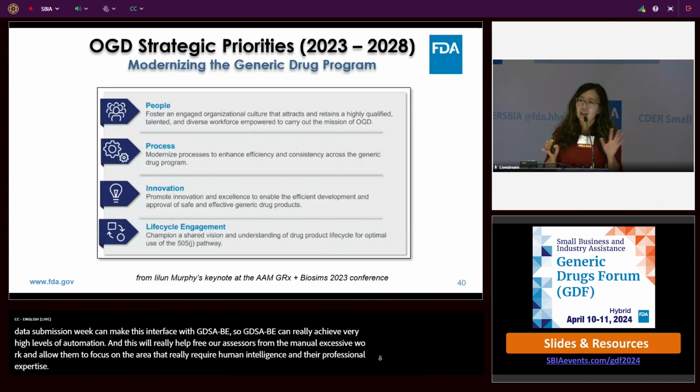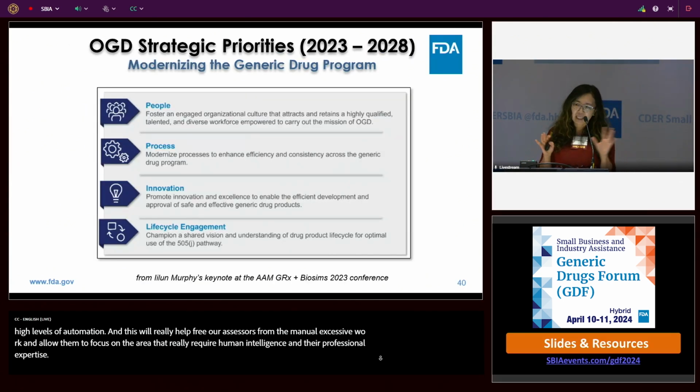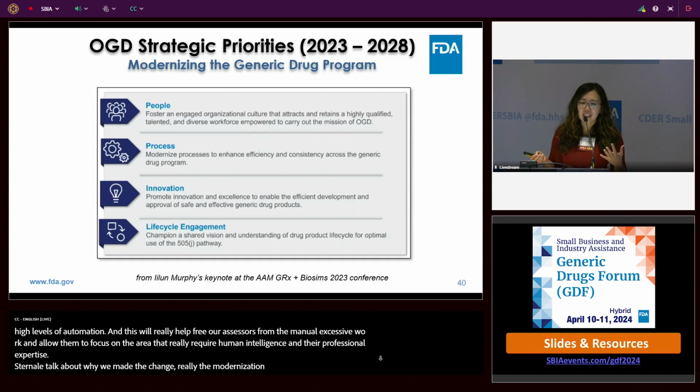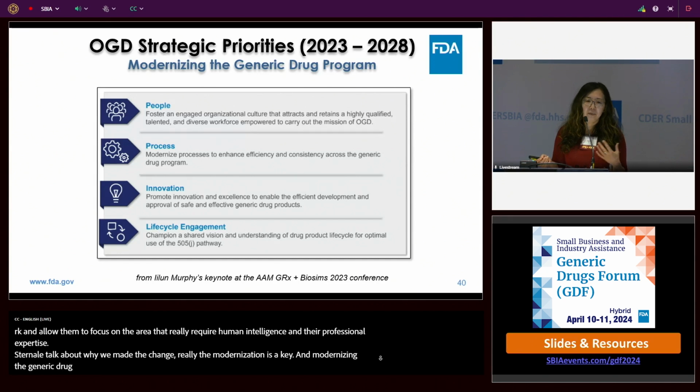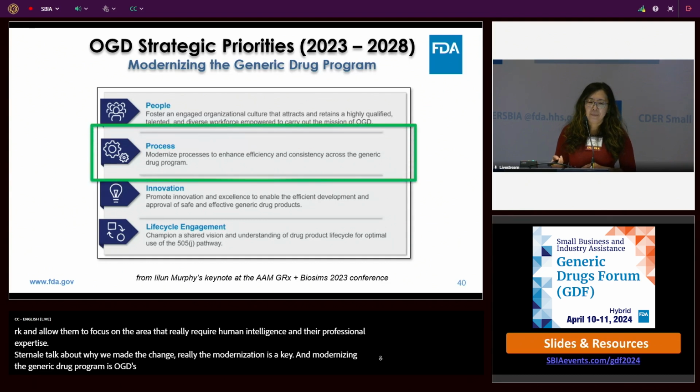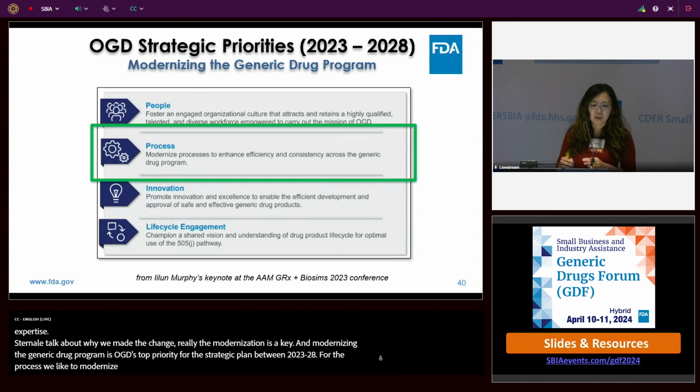So now we have talked about why we made the change. Really, modernization is key, right? Actually, modernizing the generic drug program is OGD's top priority for its five-year strategic plan between 2023 and 2028. For the process, we'd like to modernize to enhance efficiency and consistency across the entire generic drug program.